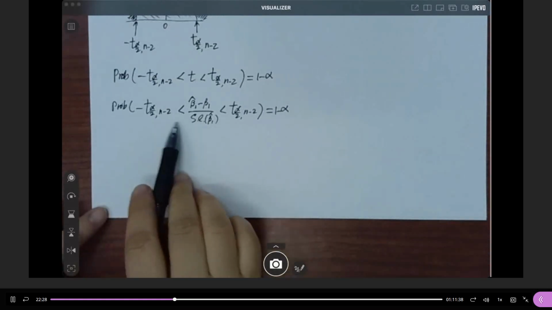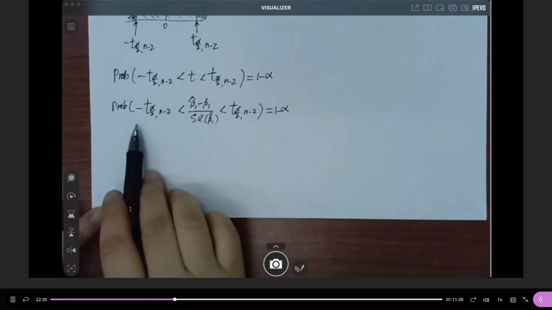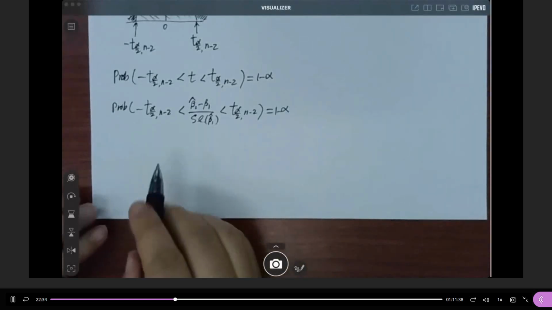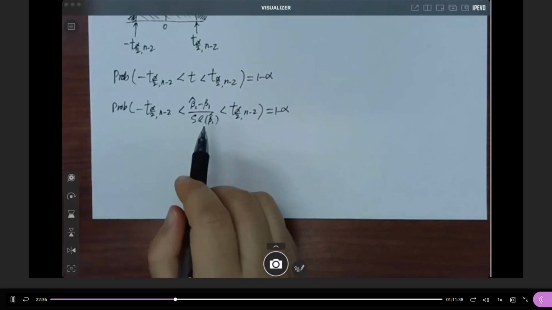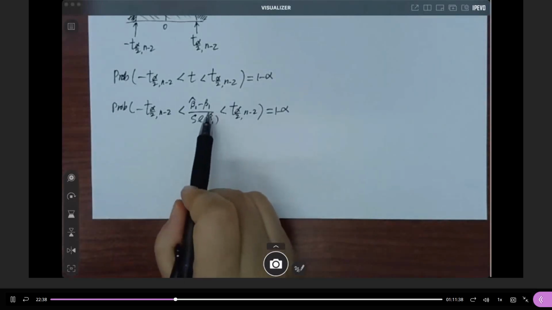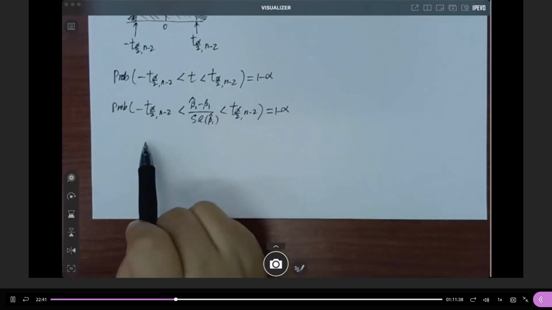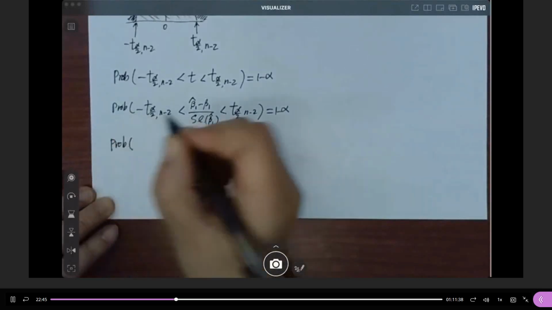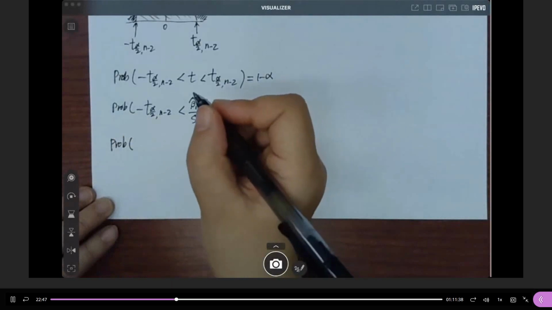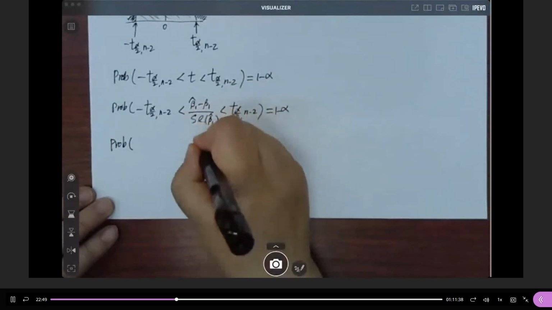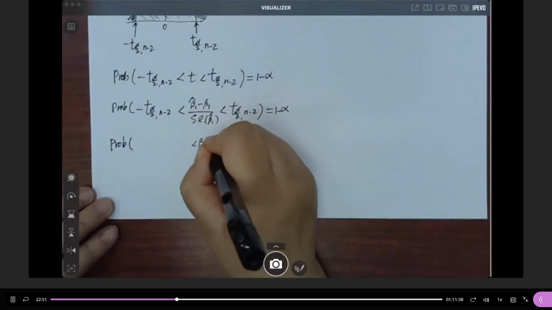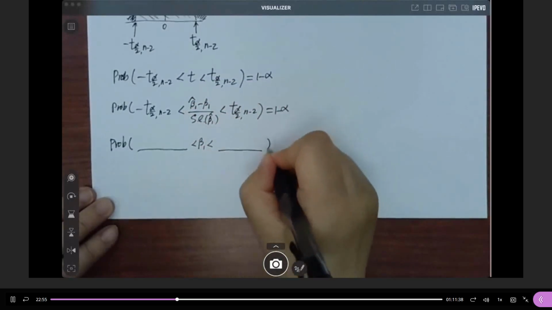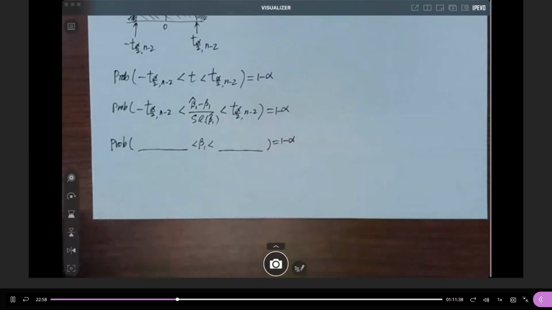And this inequality, actually it's two inequalities, can be changed to something equivalent. You want to find the interval for beta 1, so you just put beta 1 in the middle, then you find the lower bound and upper bound for that. So write that in the form probability of beta 1 to be greater than something and less than something, equal to 1 minus alpha.